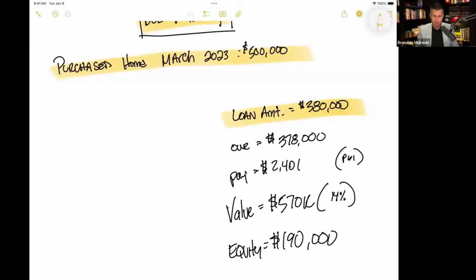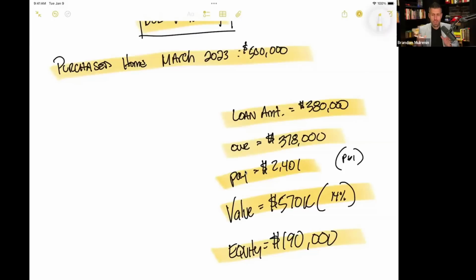And we'll show you here in just a second in one of the tools that we use that a year and a half later, they owe about 378 because we know that the first year or two, most of that goes towards interest. Their current monthly payment is 2401. Their home over the last 2 years, on average, would have gone up about 7% a year, so it's now worth 570,000. And we've established at the meeting, Steve, that they have an equity position of 190,000.